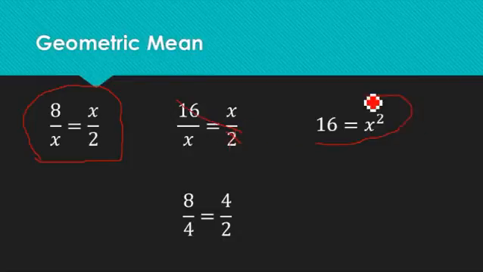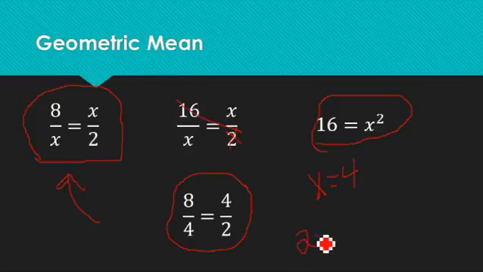But ultimately, if I cross multiplied, I would get 16 equals x squared, and I end up with x equals 4. And if I substitute 4 into the original proportion that I had with x, and simplify those two ratios, I would get 2 equals 2. So that proportion is true. So the geometric mean of 8 and 2 would be 4.